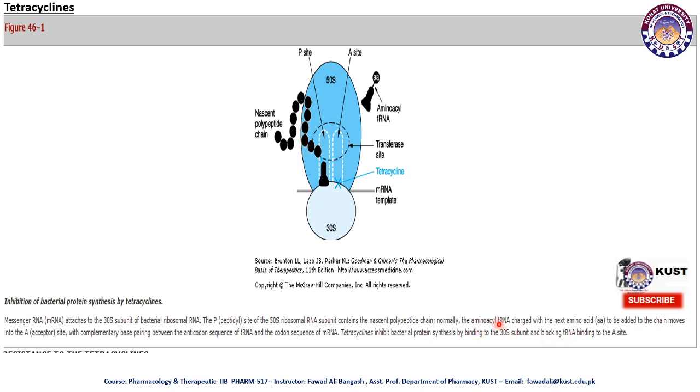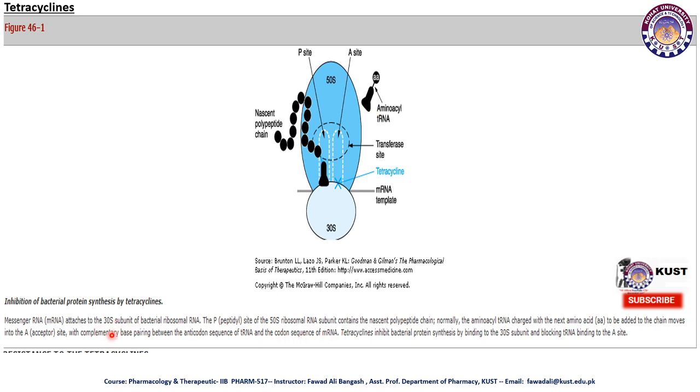Normally, the aminoacyl transfer RNA is charged with the next amino acid to be added to the chain and moves into the A site, with complementary base pairing between the anticodon sequence of transfer RNA and the codon sequence of the messenger RNA.